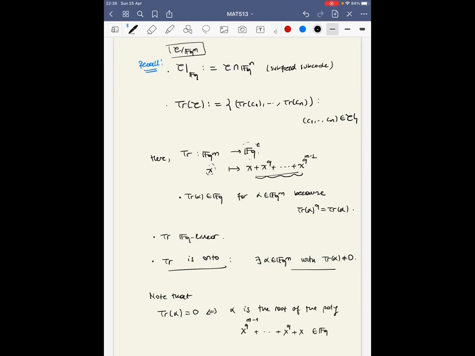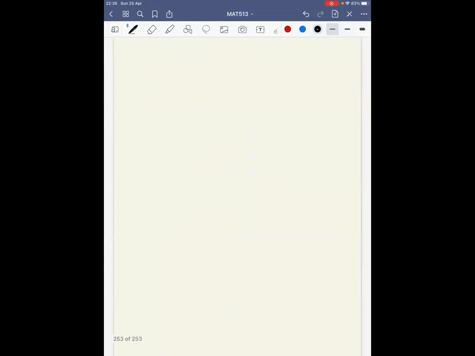This is a polynomial with coefficients from F_q, and because of its degree, it can have at most q to the m minus 1 roots from F_q^m. But F_q^m has q to the m elements, so that means there exists at least one element which does not have its trace as 0.